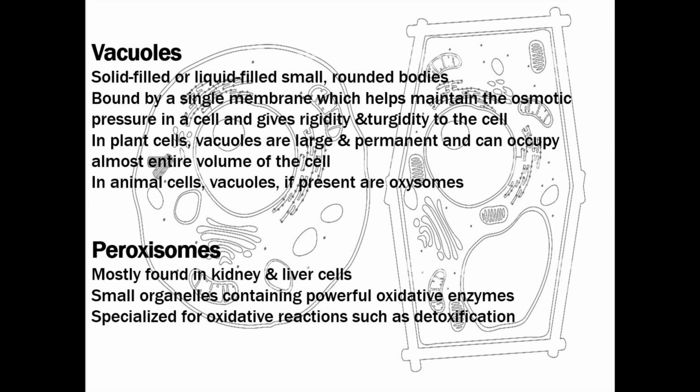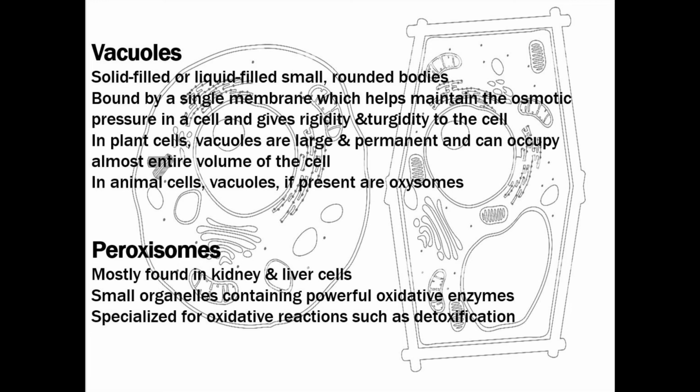So these oxidizing enzymes, which are present in oxysomes or peroxisomes in kidney or liver cells, detoxify the food items, and after detoxifying, the waste material, the debris, goes out, and by lysosome definitely, and the other things stay. So this is the work of oxysomes or the peroxisomes.